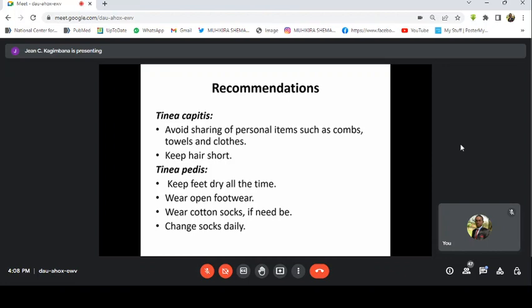How often do you change your socks? Who here? Two days. Just remember that changing socks daily is recommended to avoid this kind of tinea pedis.